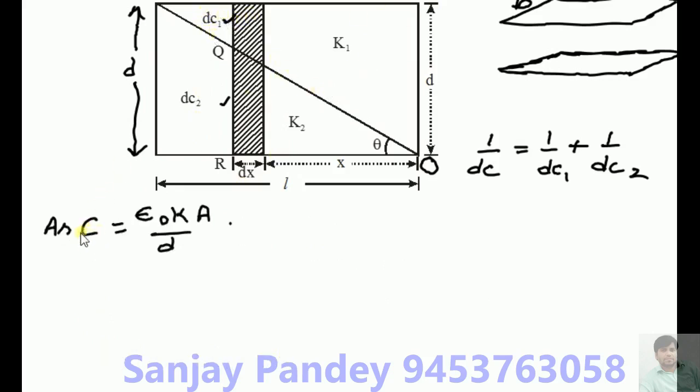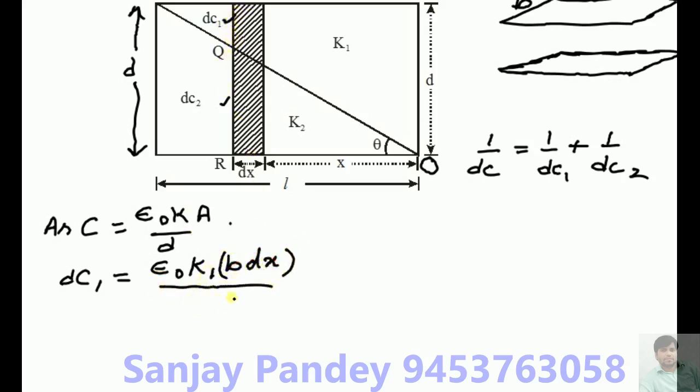The formula for capacitance is C is equal to epsilon naught K A upon d. So the capacitance dC1 is equal to epsilon naught K1 into the area of this part of the plate, which is width B into thickness dx, upon the separation PQ.